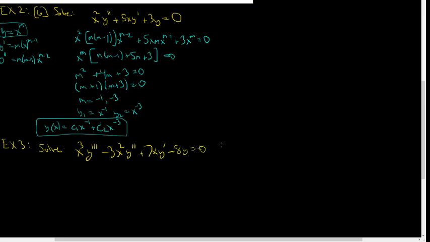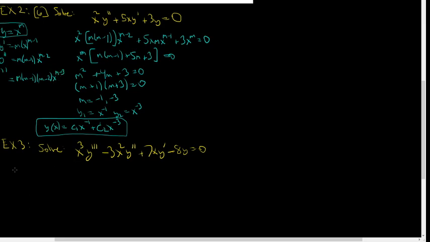Right. So again, we're just going to guess as our solution y equals x to the m. So notice we're going to need a third derivative here. Our third derivative will be m times m minus 1 times m minus 2 times x to the m minus 3 now.